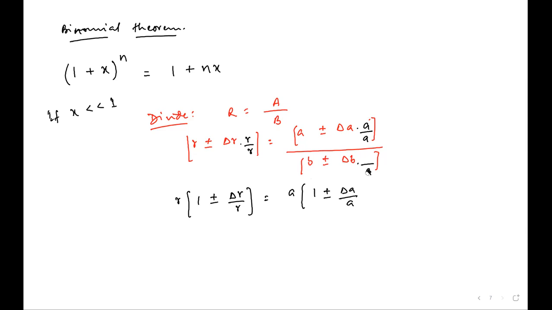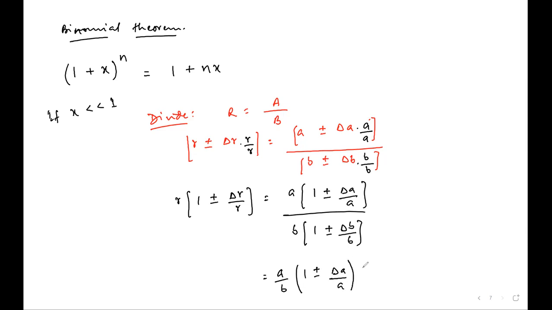I've made a mistake. It will be b divided by b. So take out common b, so it will be 1 plus minus delta b by b. Now this can be written as a divided by b, 1 plus minus delta a by a.